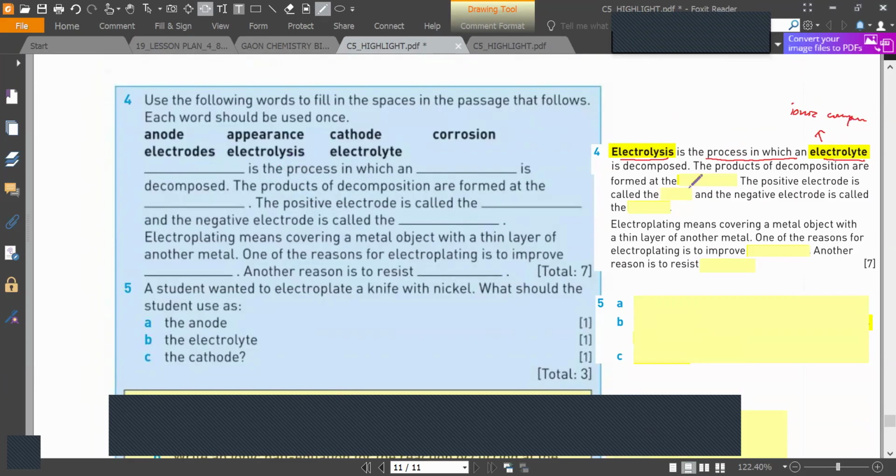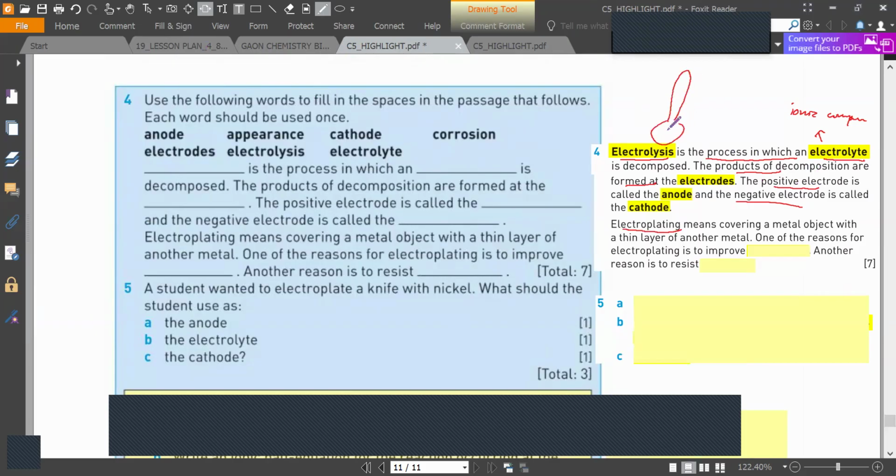The products of the decomposition will be formed at the electrodes. The positive electrode is the anode, and the negative electrode is the cathode.